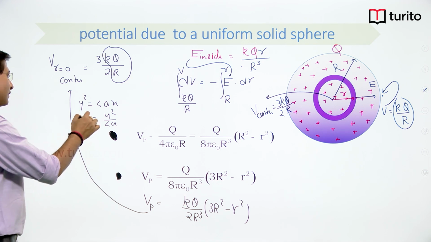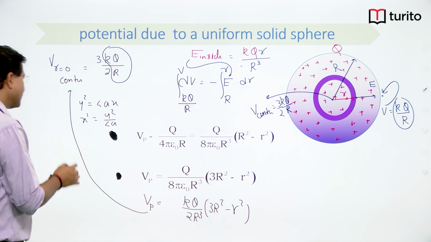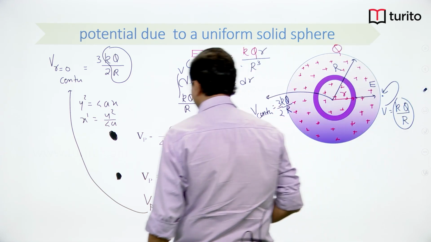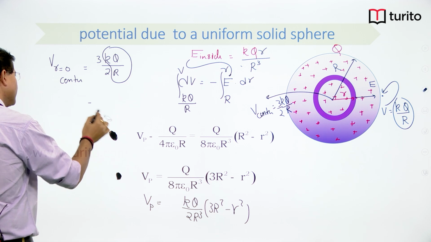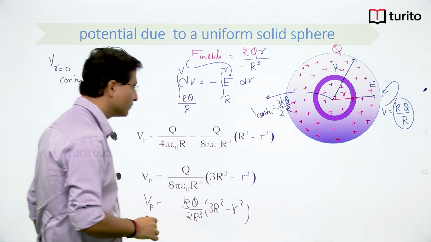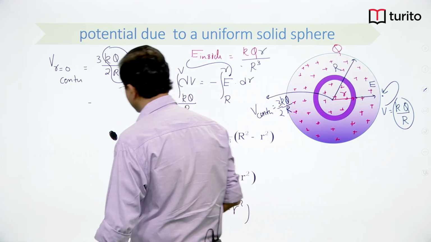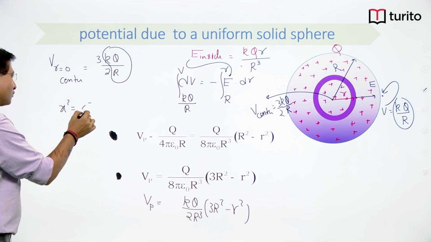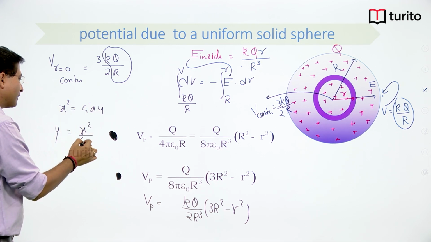Here y and x are different, so I can also write x square is equal to 4ay, that means y is equal to x square divided by 4a.